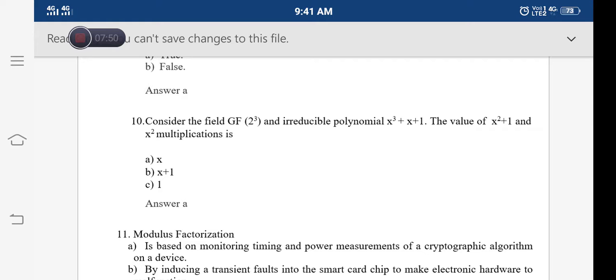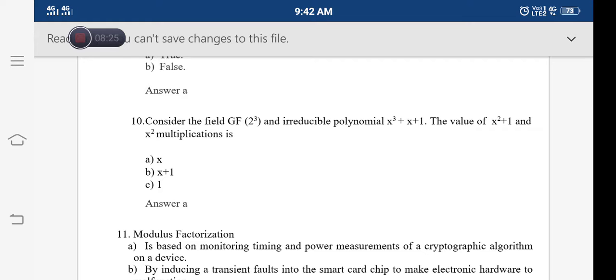I will be getting the value x to the power 4 plus x square. Then I will divide that value by the irreducible polynomial x cube plus x plus 1. I divide it as x cube plus x plus 1 into x.